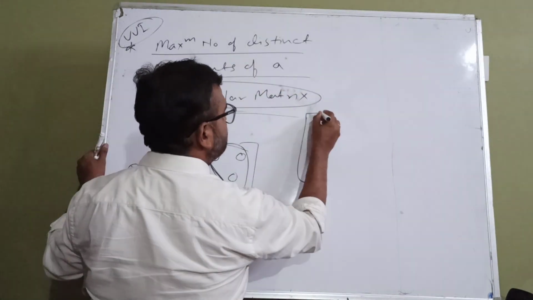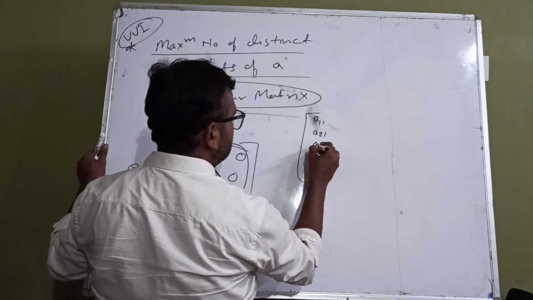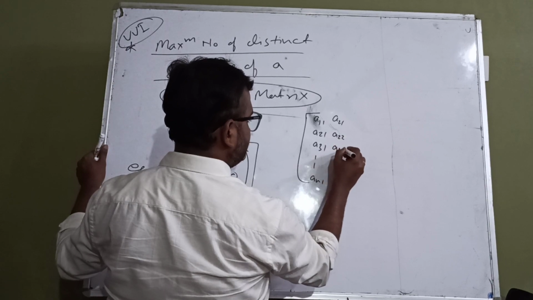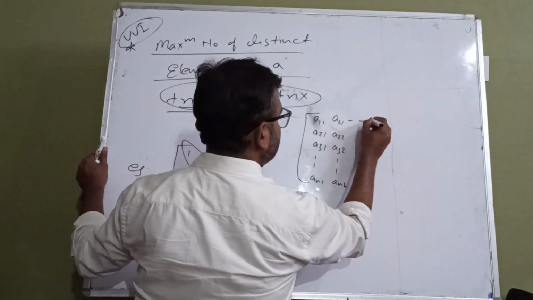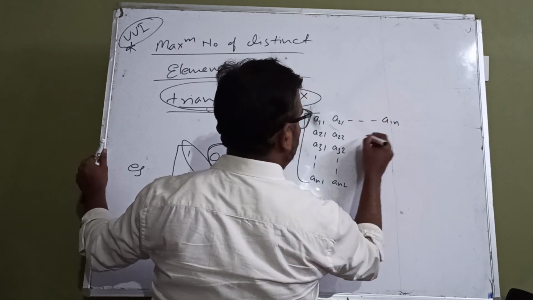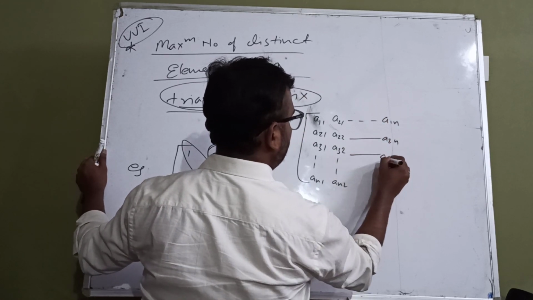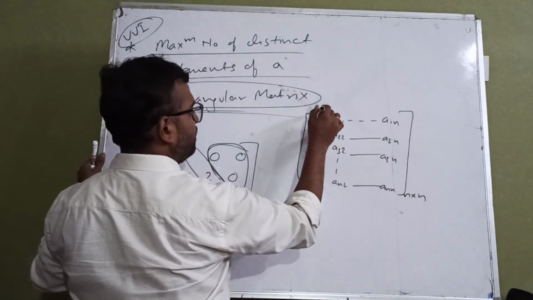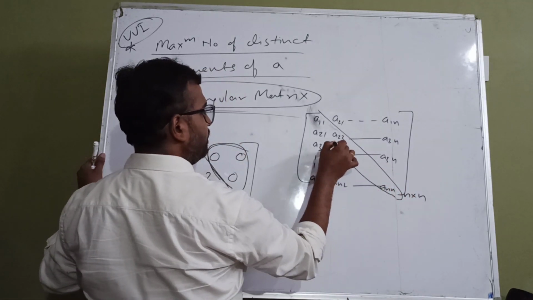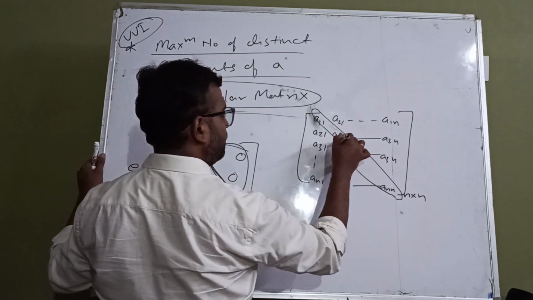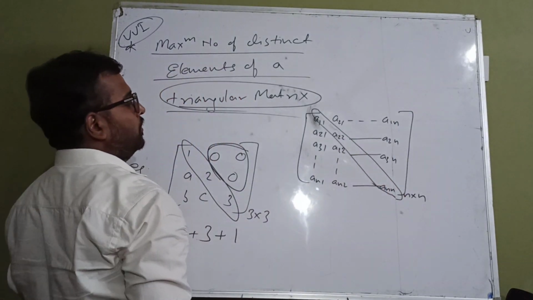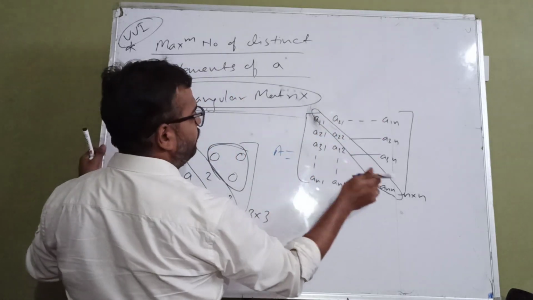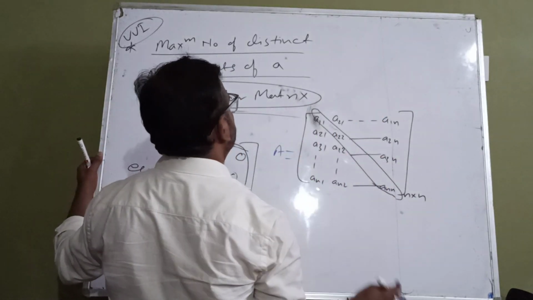Let A be a square matrix of order n by n, and this square matrix is a triangular matrix.